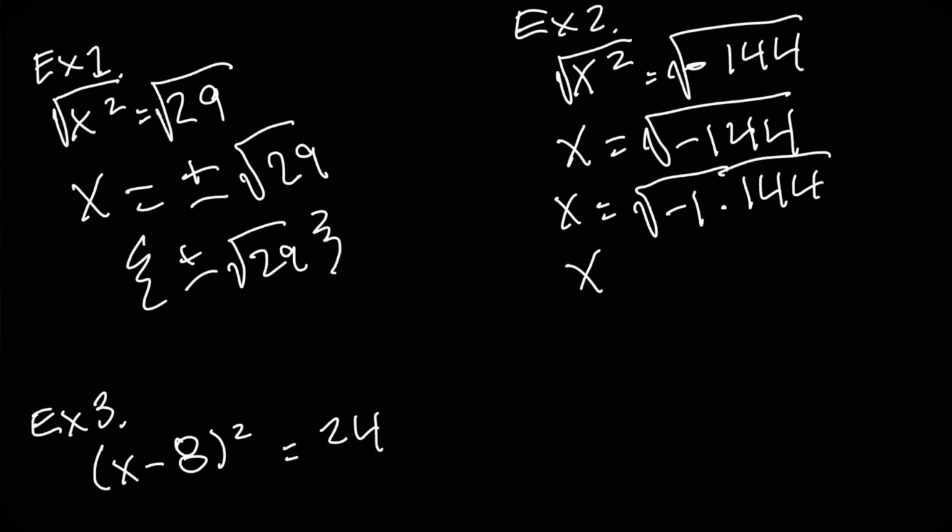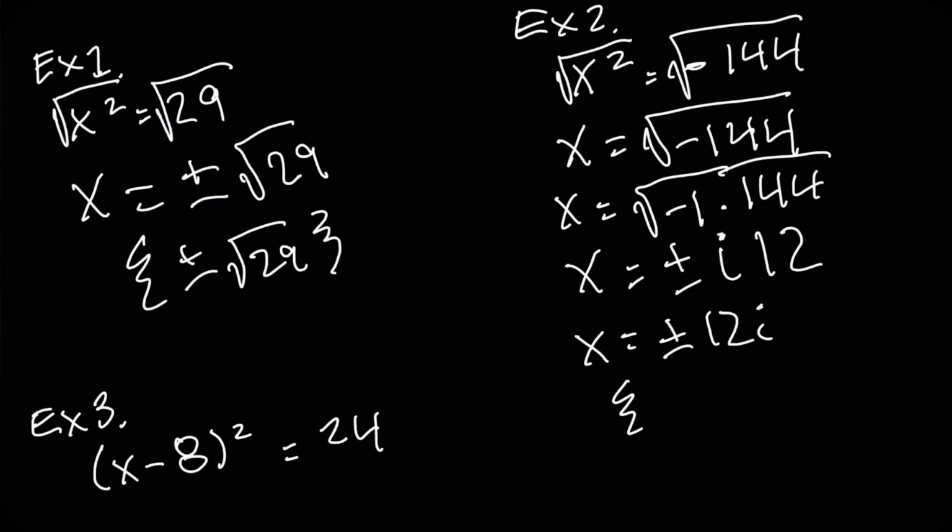So we'll be left with x is equal to plus or minus i, and then the square root of 144 is going to give us 12. So this will be x equals plus or minus 12i, and we can write our solution plus or minus 12i.